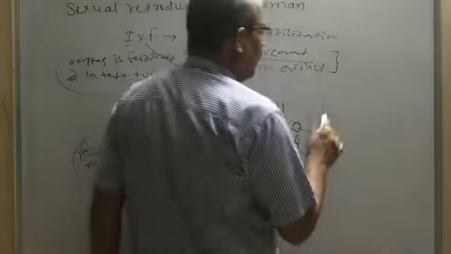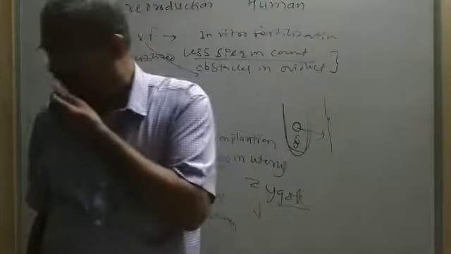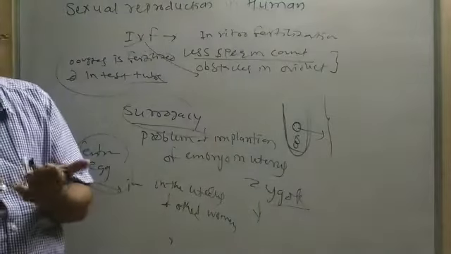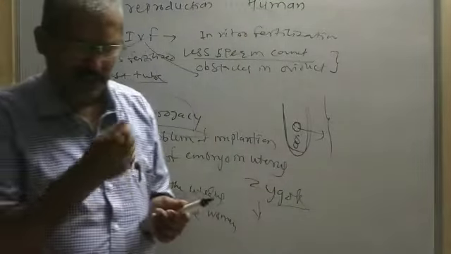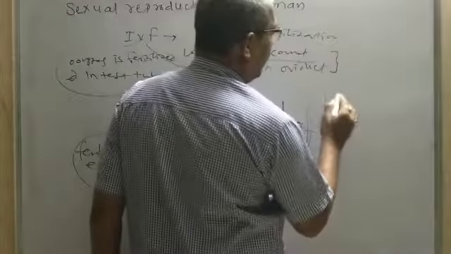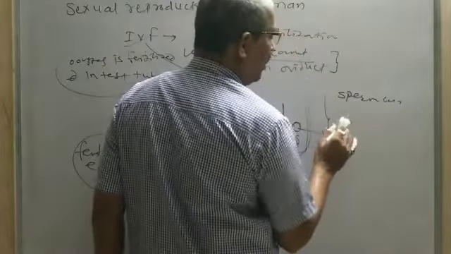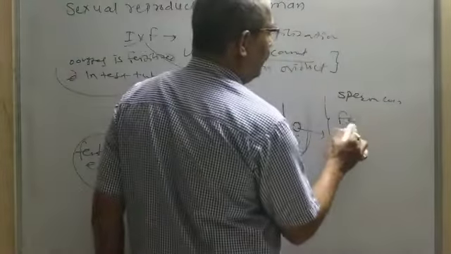Now, at present, because of busy schedules in life, or marriages happening very late, problems get created in the production of sperm cells in the male, and there are a number of difficulties in the female.